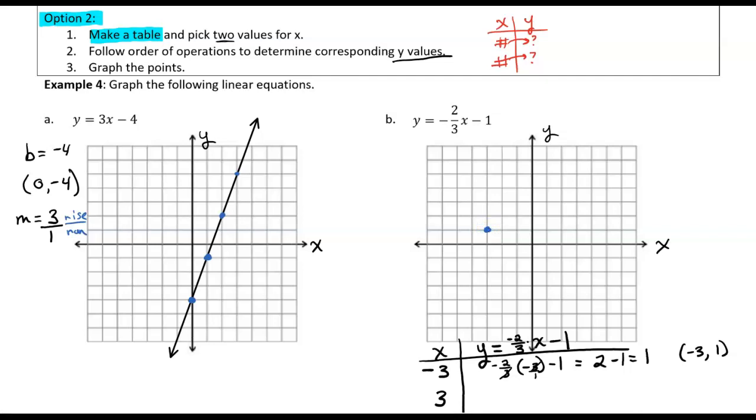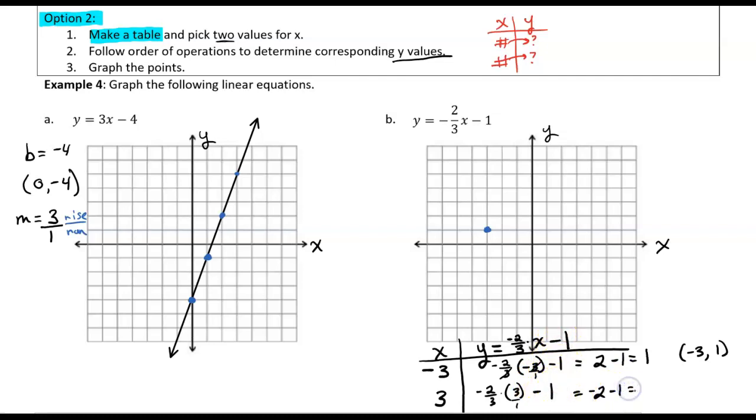Let's do the same thing for the positive 3. So negative 2/3 times a positive 3. Write that as 3 over 1. Even if you multiply straight across, you would get negative 6 divided by 3. Well, that's a negative 2. Still has that minus 1.